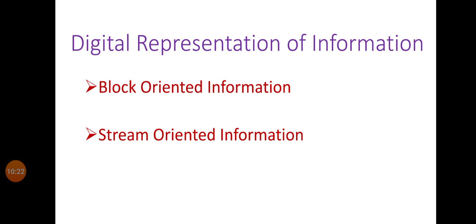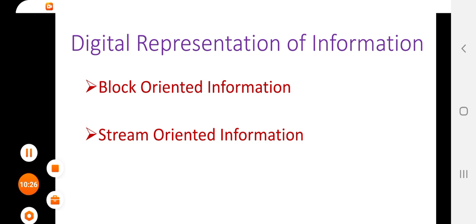Then here, for example, my voice varies continuously. Sometimes you listen to me with a louder voice and sometimes with less volume, right? Such information values we represent as analog signals.